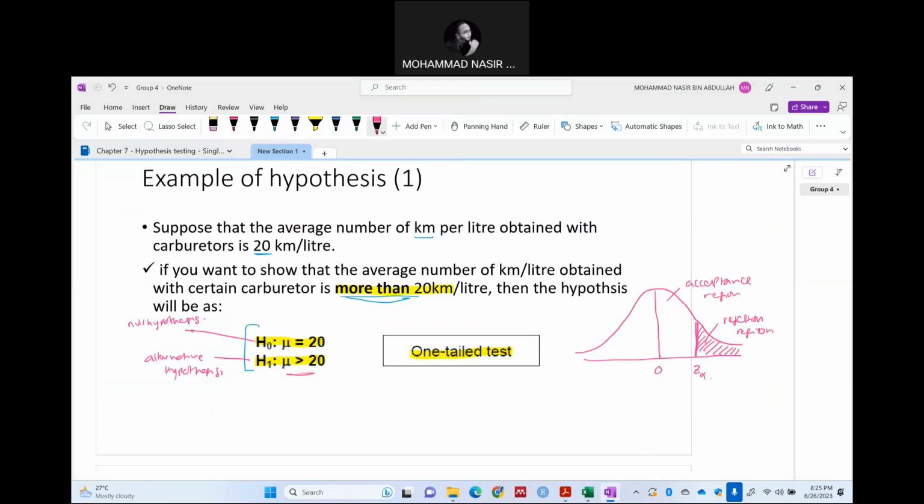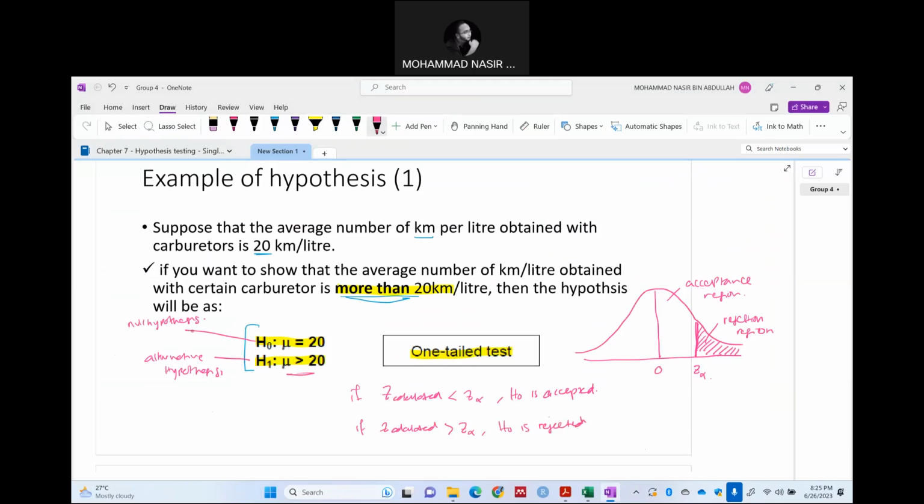So if the Z calculated is less than Z alpha, then the null hypothesis is accepted. If Z calculated is more than Z alpha, the null hypothesis is rejected.